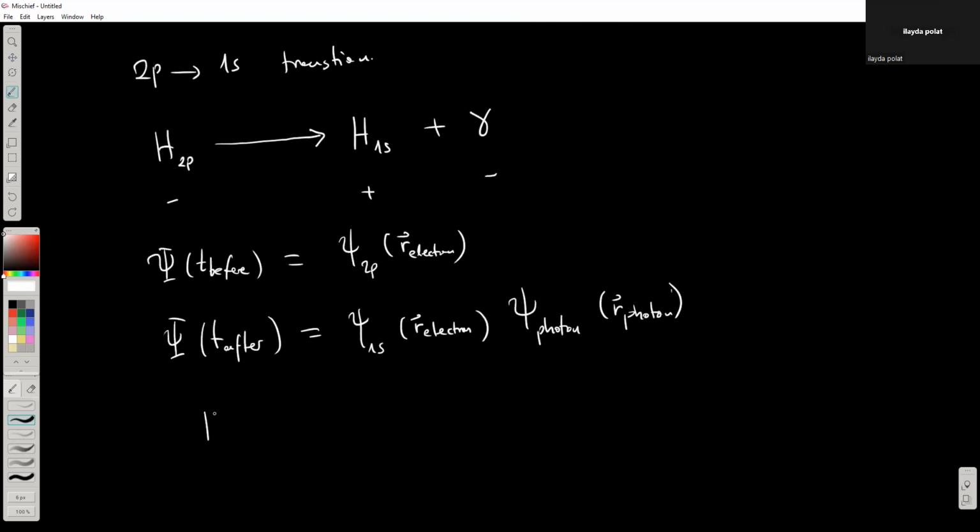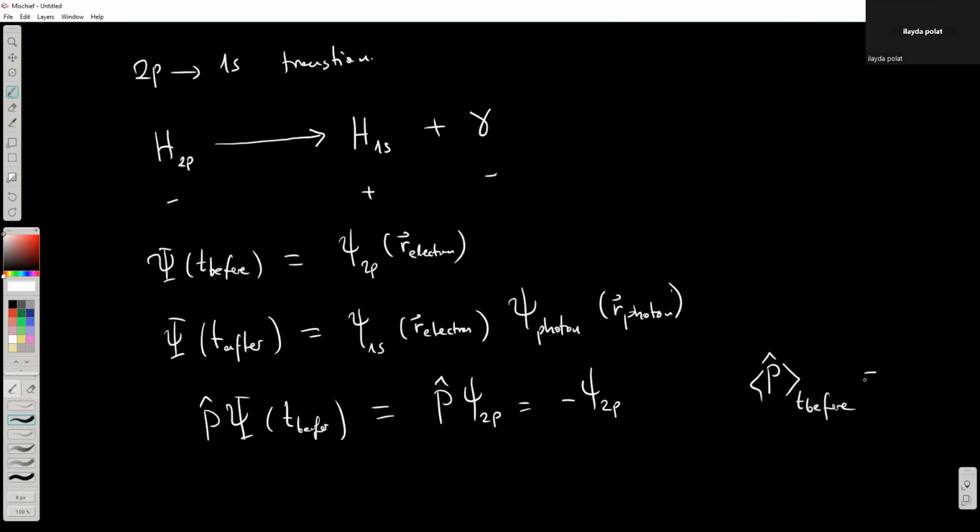So when I talk about the inversion operation applied on psi before, let's say, t before, that's essentially this inversion operation applied on the 2p state. And in this case, I know that the parity of the 2p state is -1. So in the initial state, the parity is equal to -1, the expectation value of the parity, right?